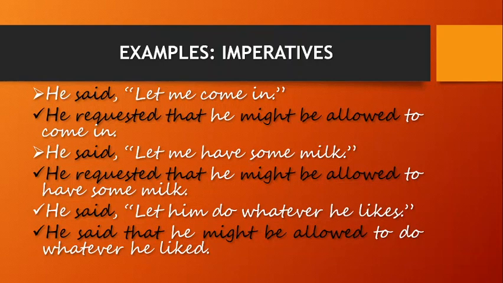We can simply say he requested that he ought to be allowed to come in. He requested that he ought to be allowed to have some milk, ought to be allowed to do whatever he liked. We can even use ought to or ought to be. So like this, we will convert imperative sentences from direct speech to indirect speech.